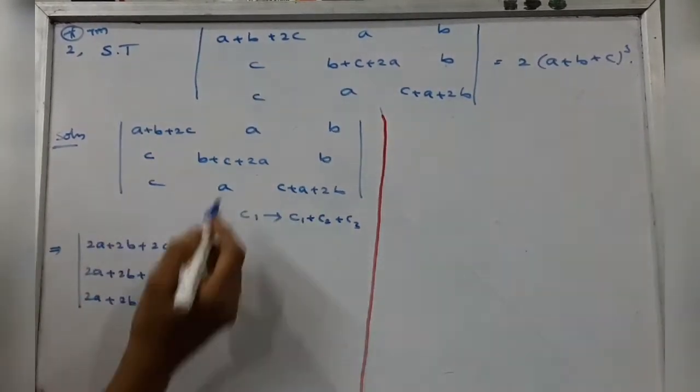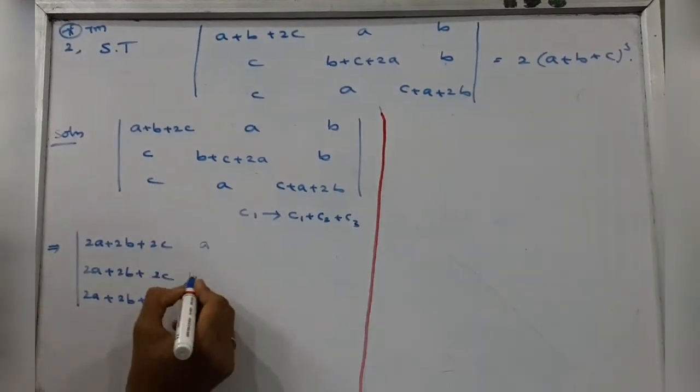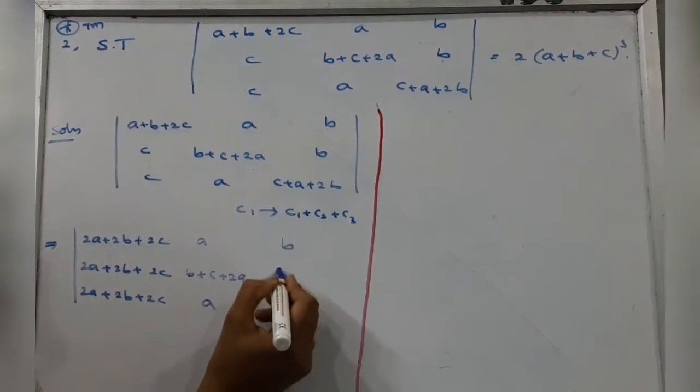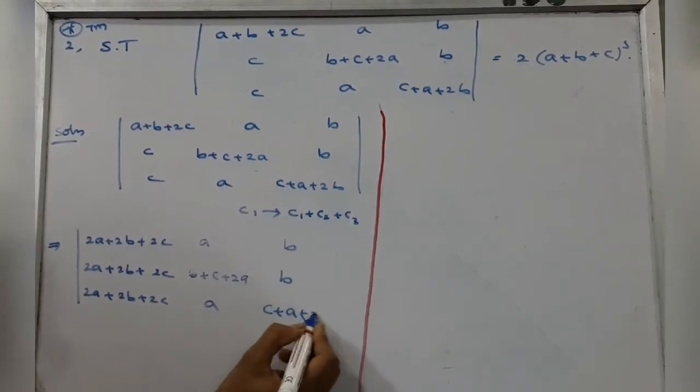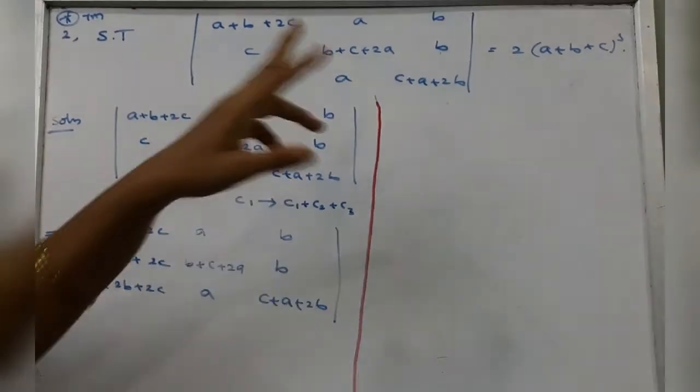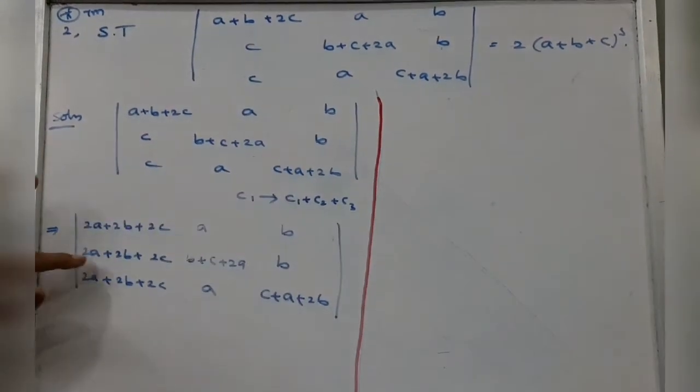Remaining two columns are same: a, b; b plus c plus 2a, b; a, c plus a plus 2b. Here the common term is 2a plus 2b plus 2c.